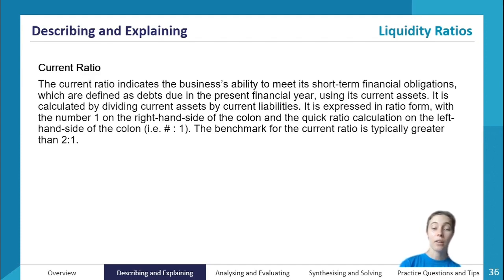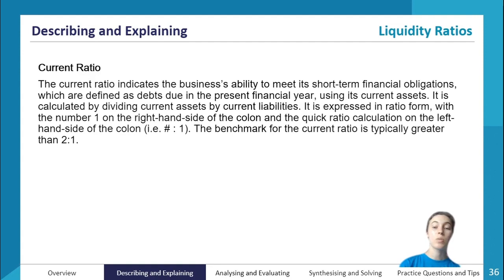You calculate it by dividing current assets by current liabilities, and it's expressed in ratio form, a number with a colon and another number. The number 1 is on the right side of the colon, and the current ratio calculation for the business is on the left side.